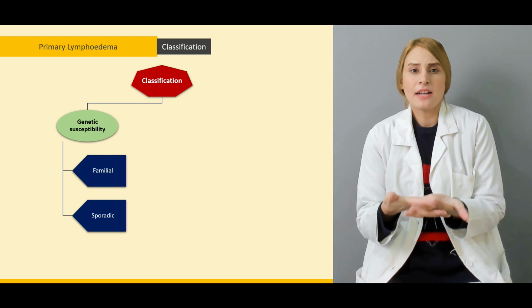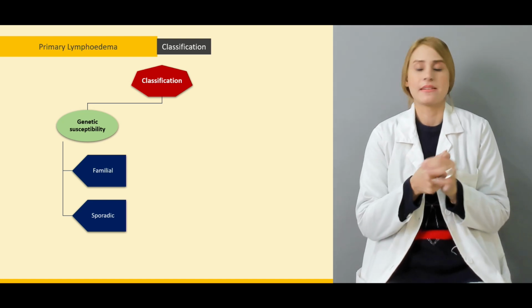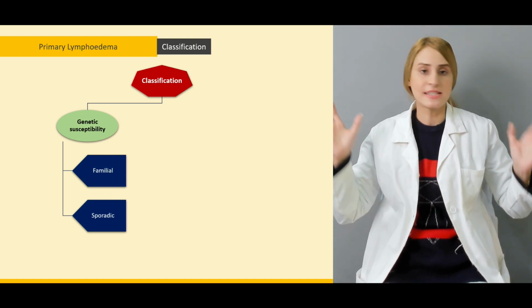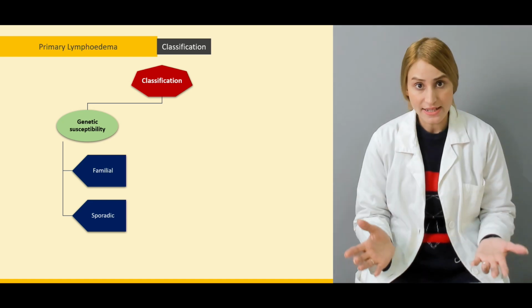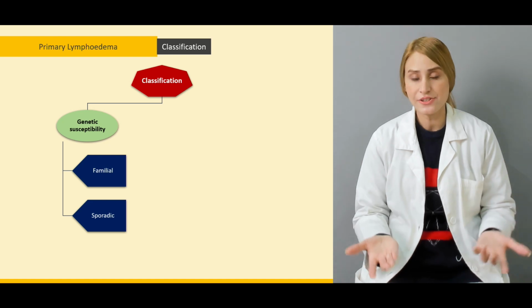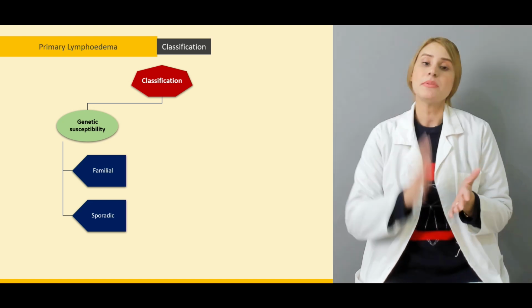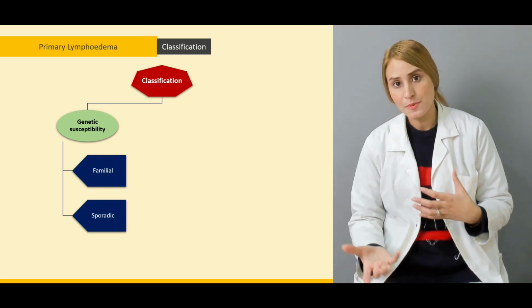If you talk about genetic susceptibility, in a simple way, it has something to do with the genes, or there is a kind of mutation in the gene. It can be a familial case, it can be a sporadic case.